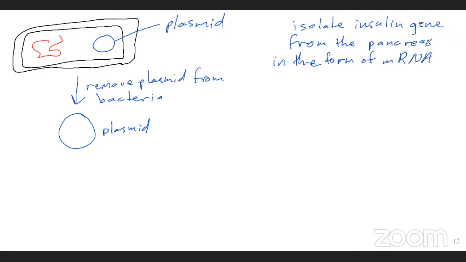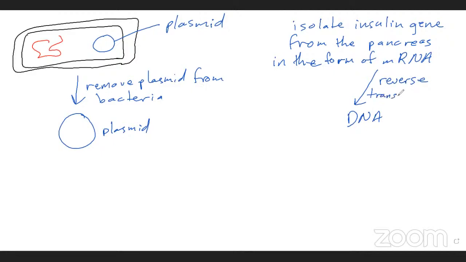But what we actually need is DNA, right? The messenger RNA, we convert it to DNA. And the enzyme that does this is called reverse transcriptase. So enzymes that convert RNA into DNA, we call them reverse transcriptase.